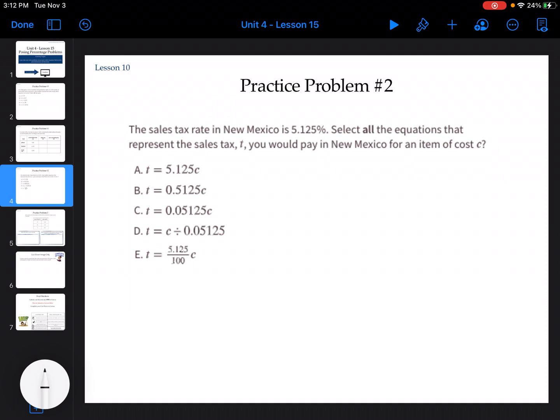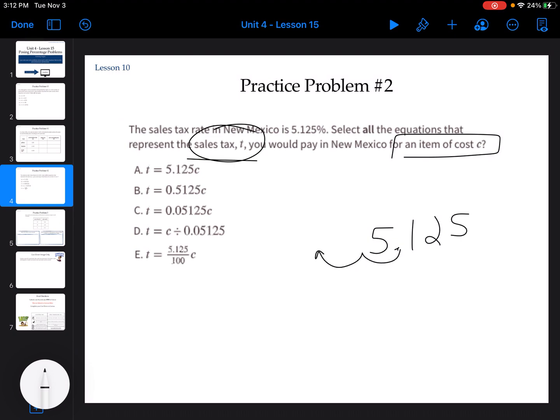Select all the equations that would represent the sales tax you would pay in New Mexico for an item that cost C. So they're only talking about the tax. They don't want the whole amount. So I know that if I have 5.125, I'm moving that decimal 2 places over.